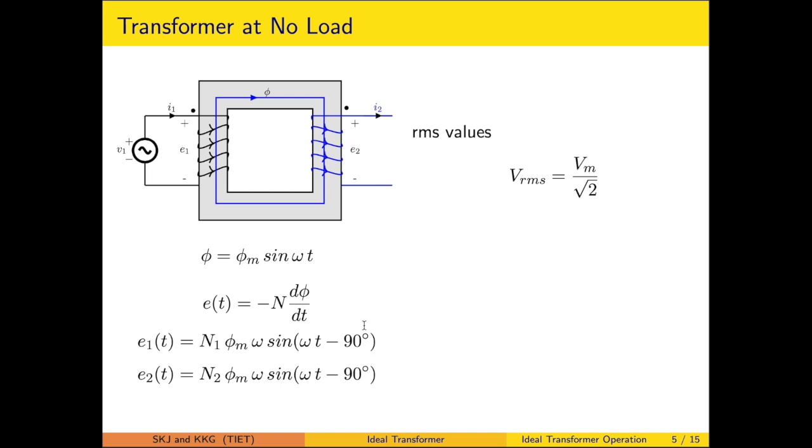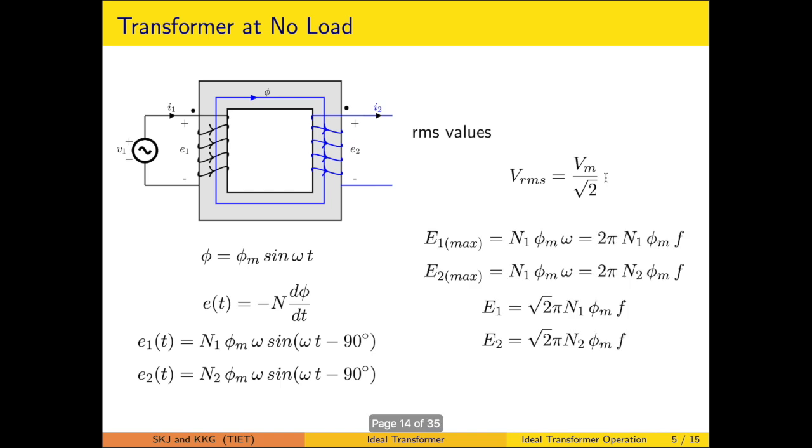Now we have gone through that the RMS value of the voltage can be calculated with the help of the peak or maximum value, such that Vrms is equal to Vm upon root 2. So corresponding to this E1(t), there will be E1 max, and that E1 max is nothing but what has been obtained here, N1 phi m omega.